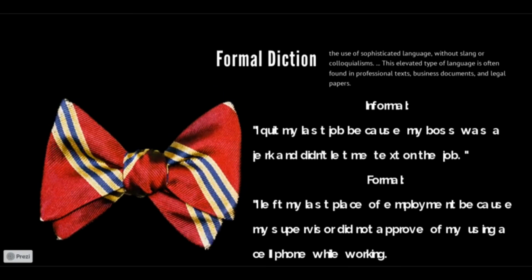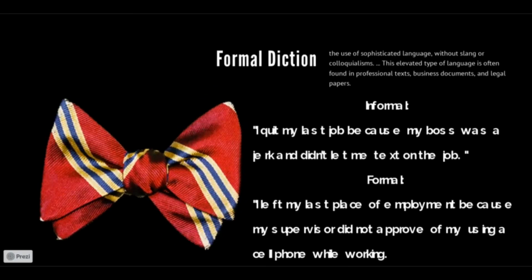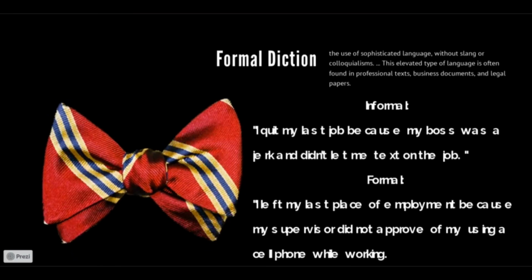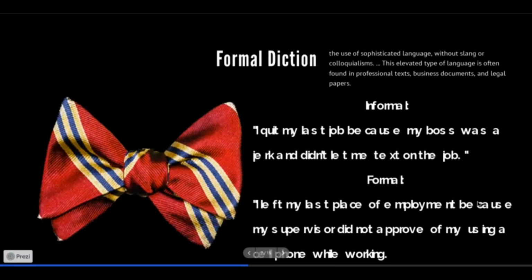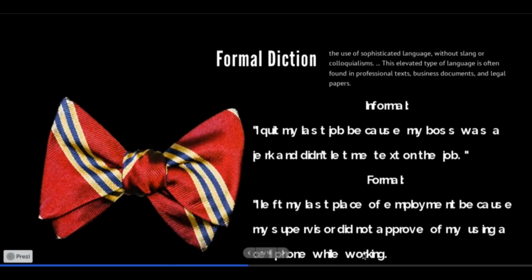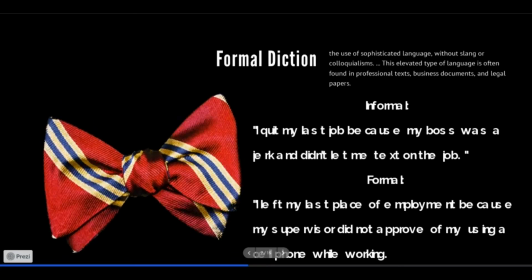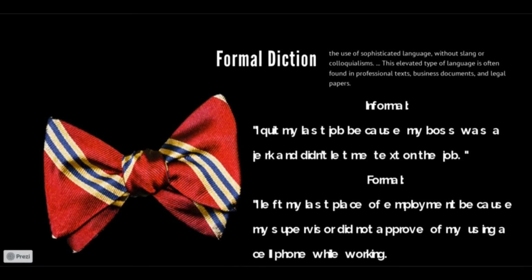You are not going to say that in an interview with a new place that you want to get employed at. Instead, you're going to say the more formal version. I left my last place of employment because my supervisor did not approve of my using a cell phone while working. That makes you sound more professional, and it makes you sound like you know what you're talking about.